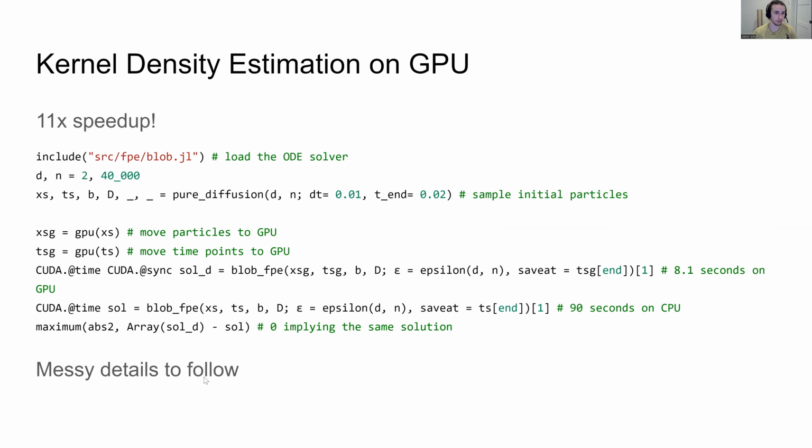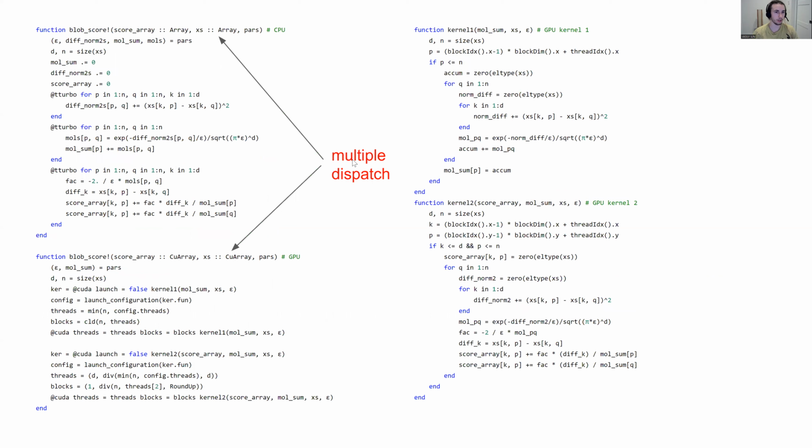Let's see the details of the implementation here, because they're actually interesting. This is the main difference between the CPU and the GPU implementation. The CPU implementation has this nested loop. You see that there are several loops, and they're all quadratic in n, where n is the number of particles.